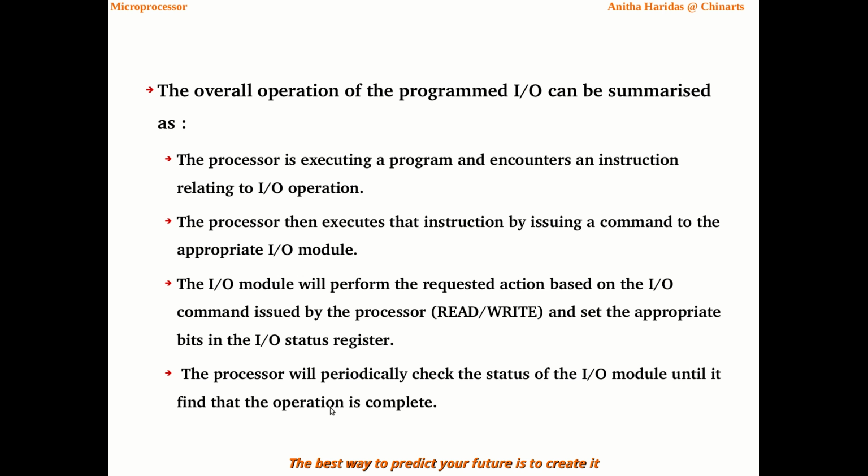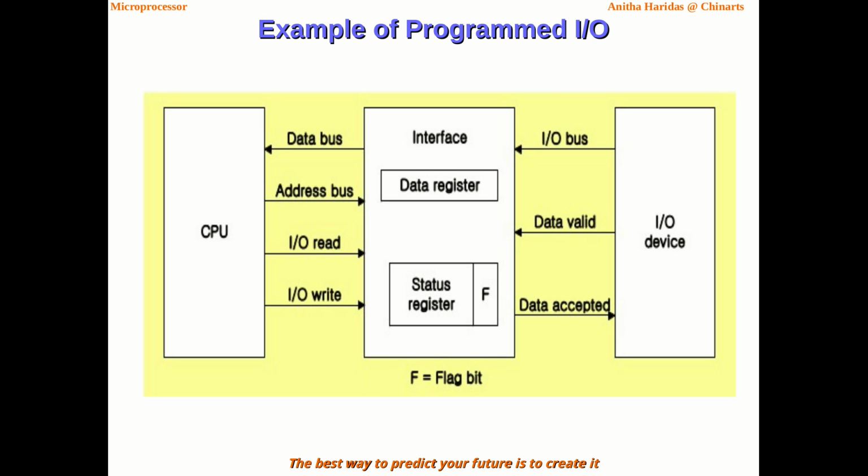What do you mean by that? When is the operation complete? You press the key here in the input device, and the data must be moved to this buffer. Only then the input operation will be completed.